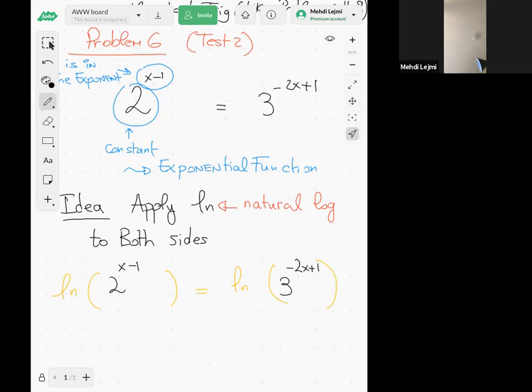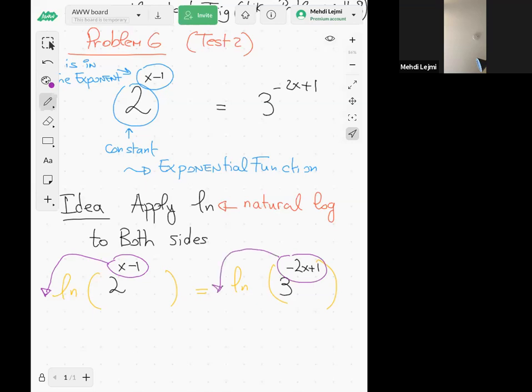Because one of the main properties of the log is that you can bring down the power. This exponent, because you apply the log, you can put in front of the log. Same here.